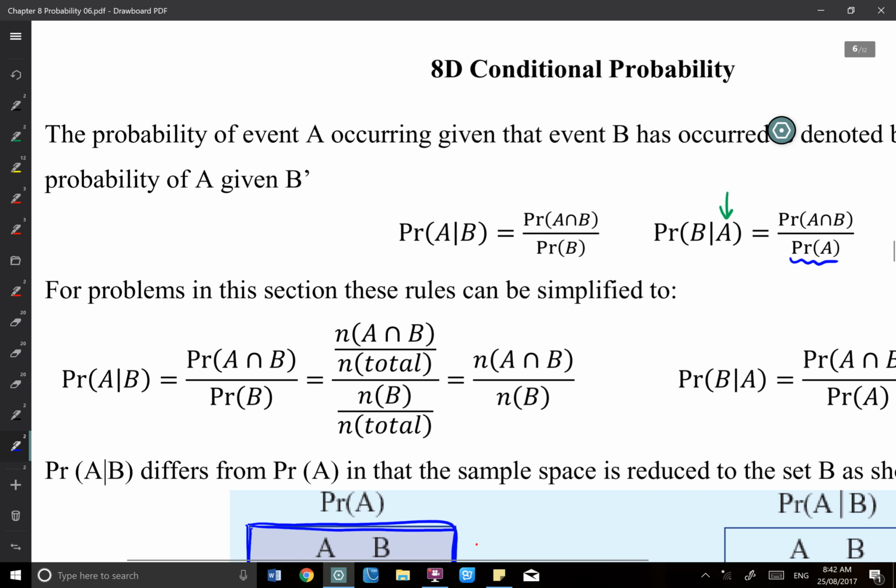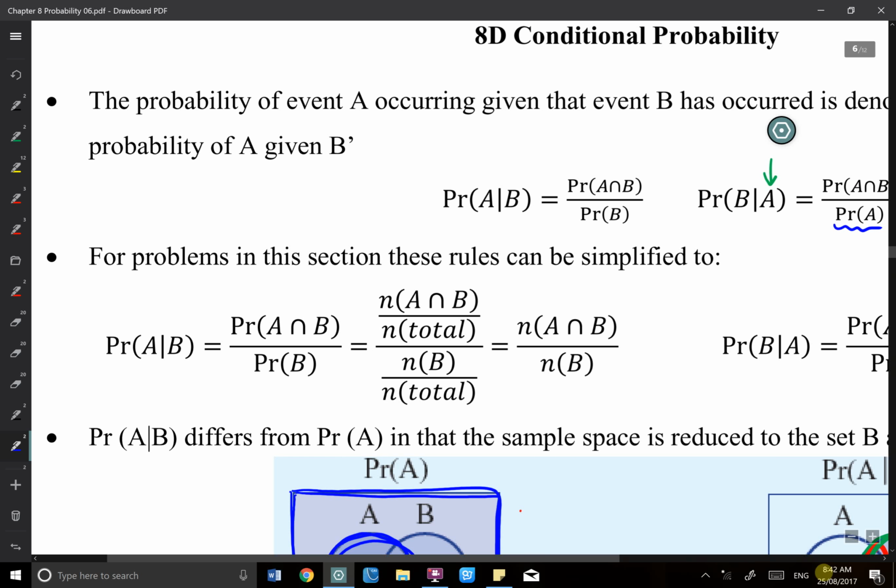And what we learn now is equally likely events. In year 10 we learn equally likely events, so we can further analyse this. We have the probability of A intersect B divided by the probability of B. The probability of A intersect B is the number of elements in A intersect B divided by the number of elements in the total set. The probability of B is the number of elements in set B divided by the total number of elements in the whole set.